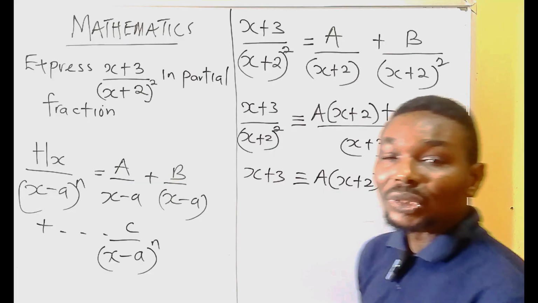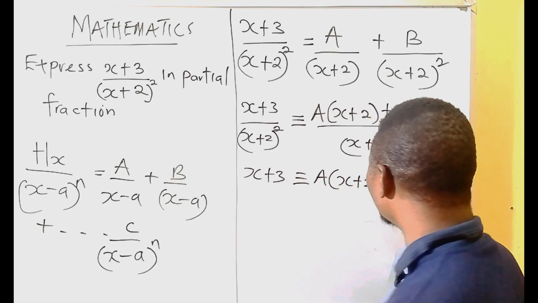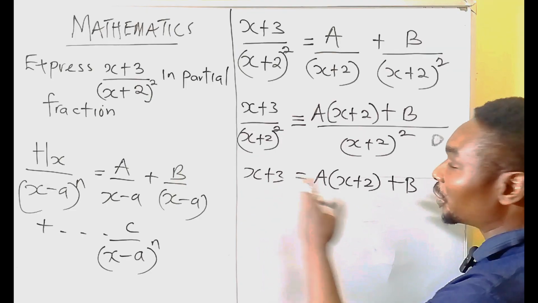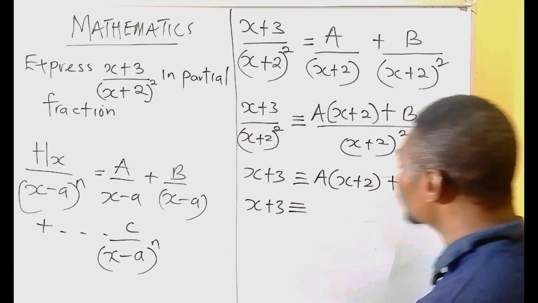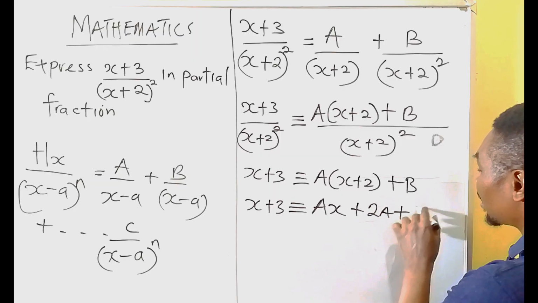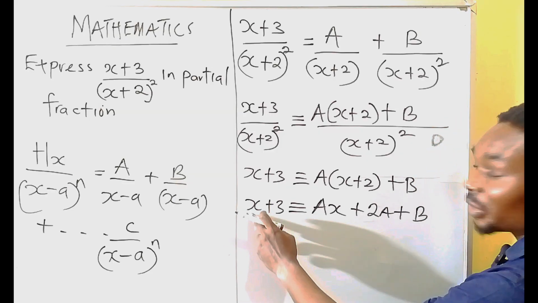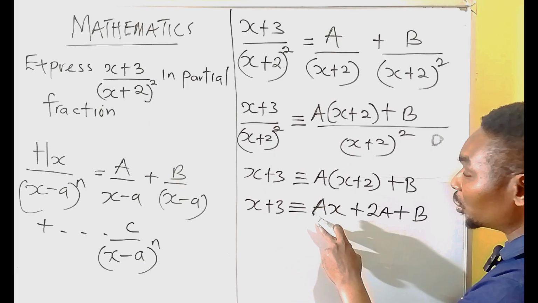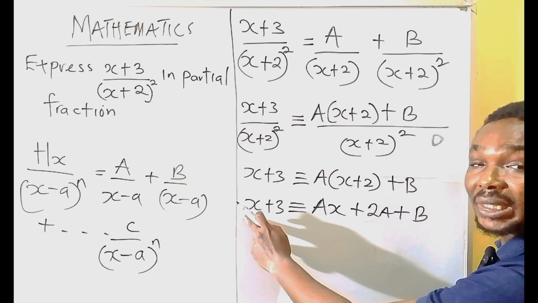Now, I'm going to equate the coefficients of x in order to get A. To equate the coefficient of x, we have x plus 3 is equivalent to, if I open this bracket, I'm going to have Ax plus 2A plus B. So at this point, if I equate the coefficient of x here to the coefficient of x here: the coefficient of x here is A, and the coefficient of x here is 1.